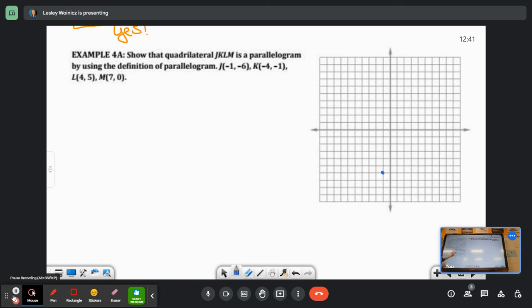That was J. 1, 2, 3, 4, down 1. That's K. L is at 4, 5. 4, 2. And M is at 7, 0. 1, 2, 3, 4, 5, 6, 7, 8.